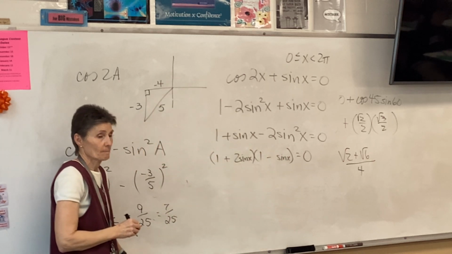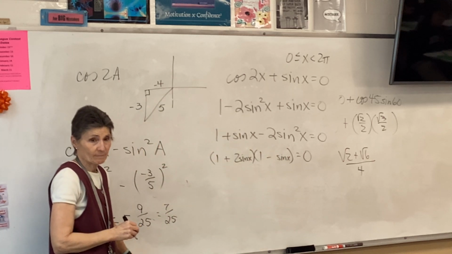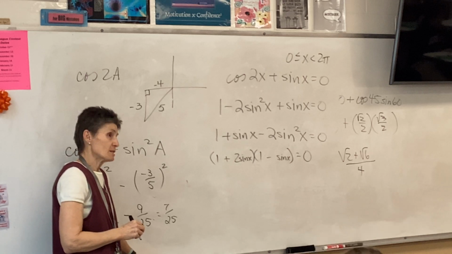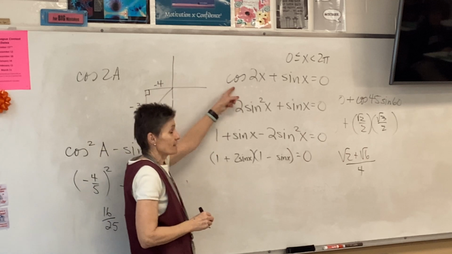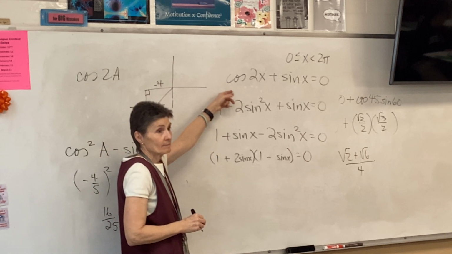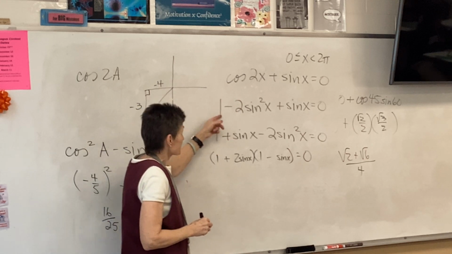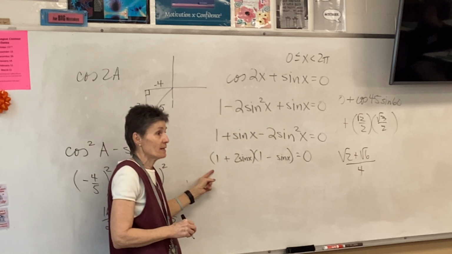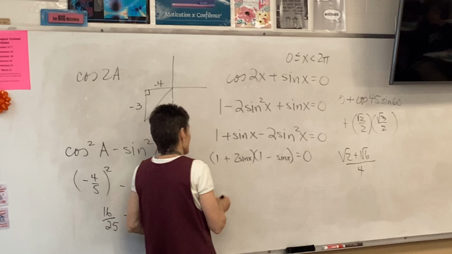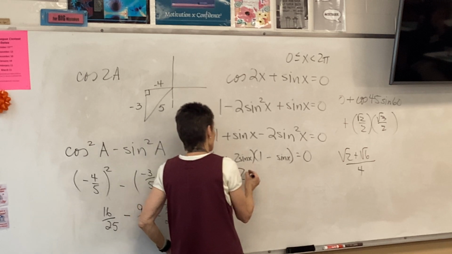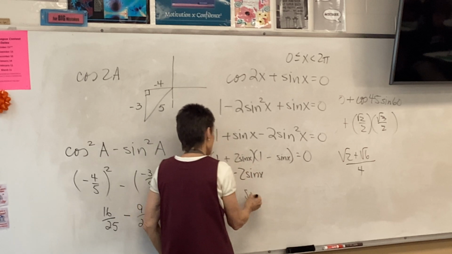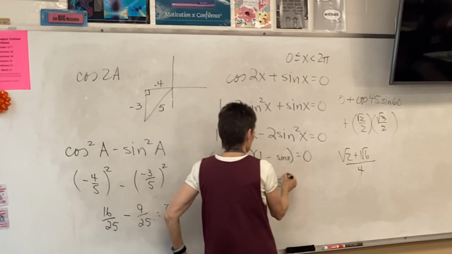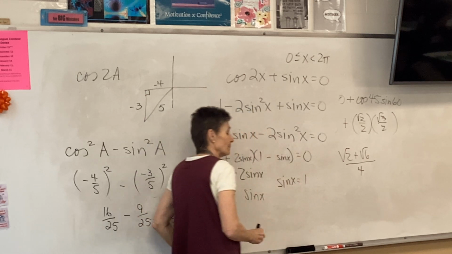Everybody following what's happening here? You need to be able to do this by yourself. So step one, change that. Step two, I realigned them so that it would make factoring easier for me. So 1 equals -2 sine, so sine equals -1/2, or sine equals 1.